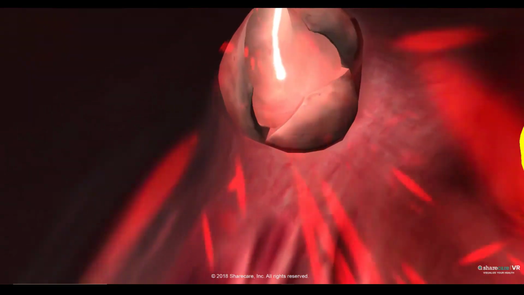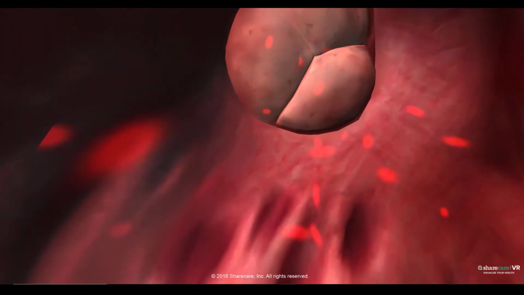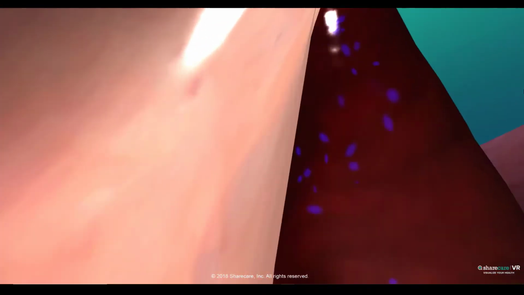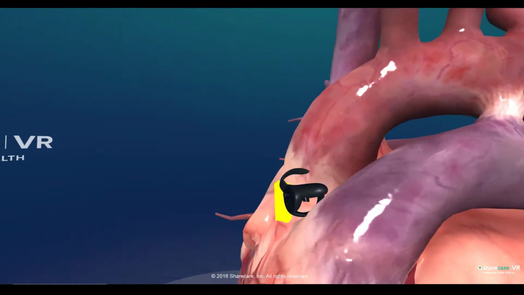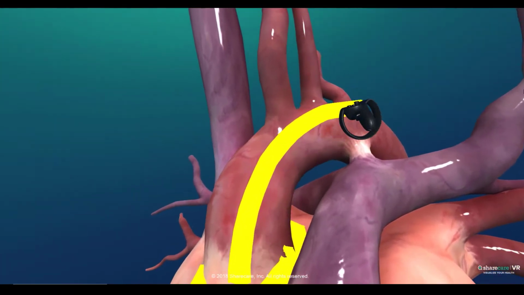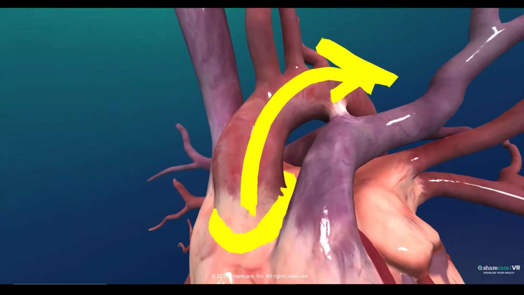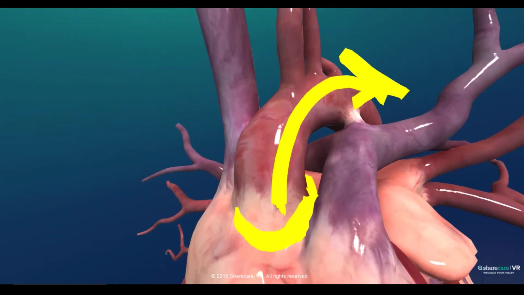What is the name of this valve? It is a semilunar valve, and we'll go up through it, and it's got a giant arch. We are going through the valve, which is about right here, and it goes up through the aortic arch. So that was the aortic semilunar valve.